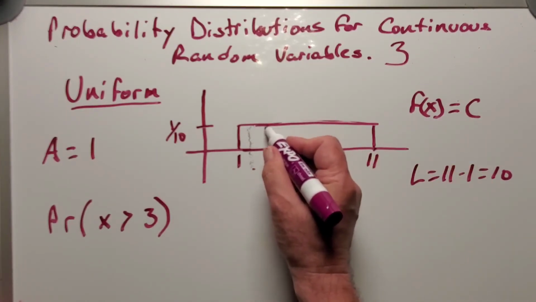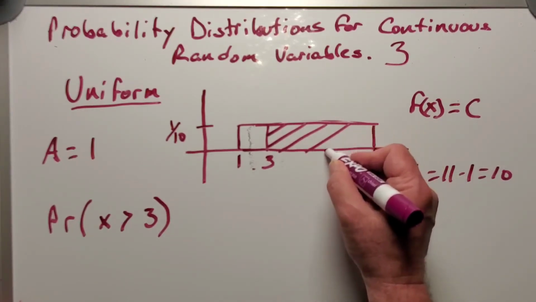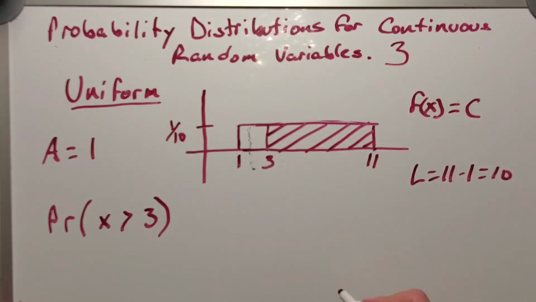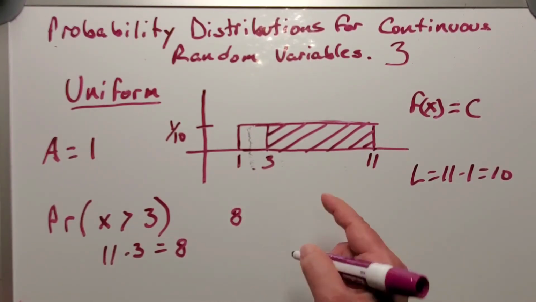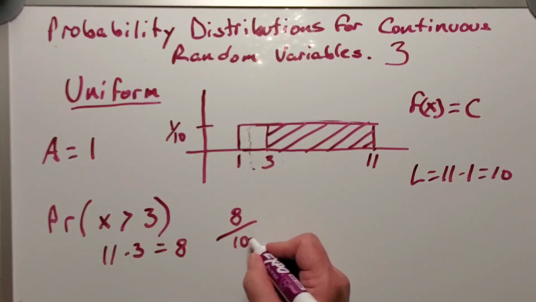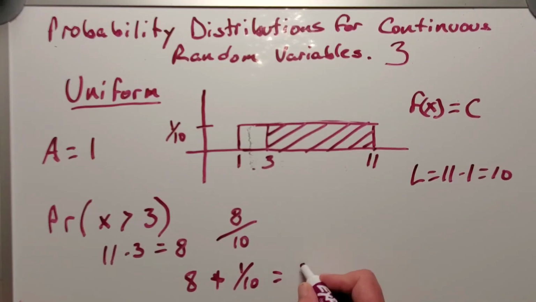That means I have an interval that goes from 3 all the way to the end. So the length is going to be 11 minus 3, equaling 8. And that's 8 units out of the total available of 10. And that's my answer. Or alternatively, 8 times the height to do it by calculating area. And I get 8/10 that way also.